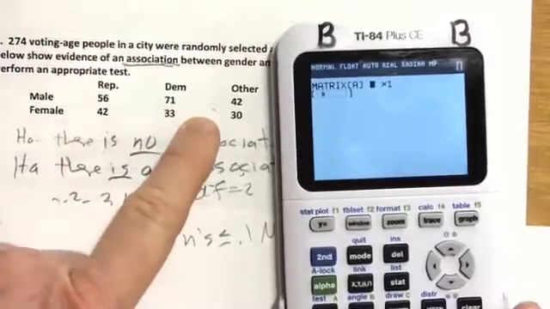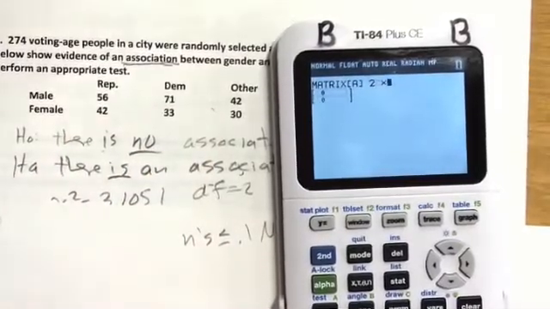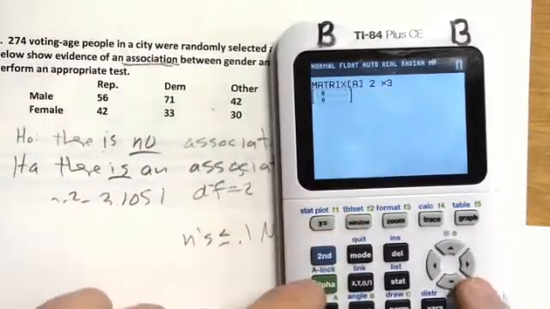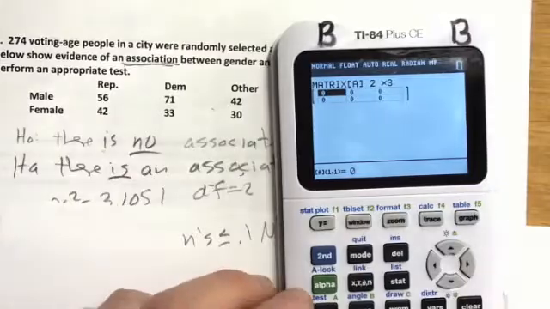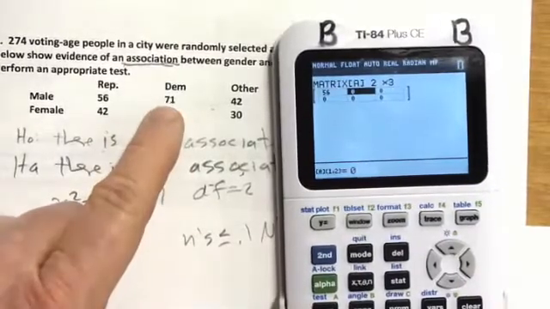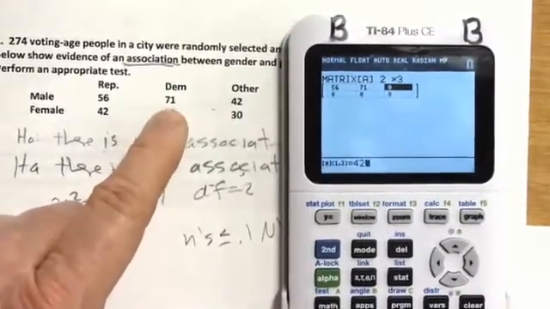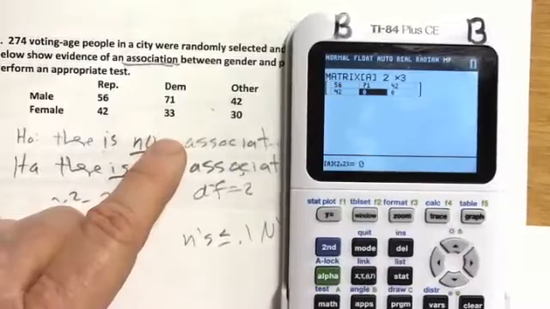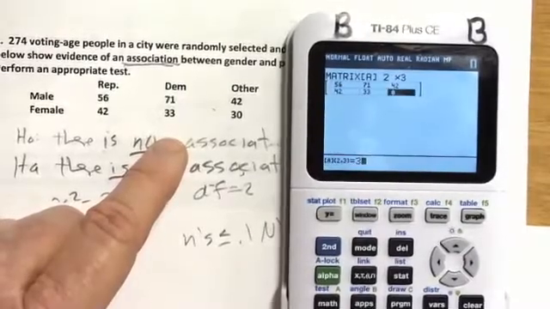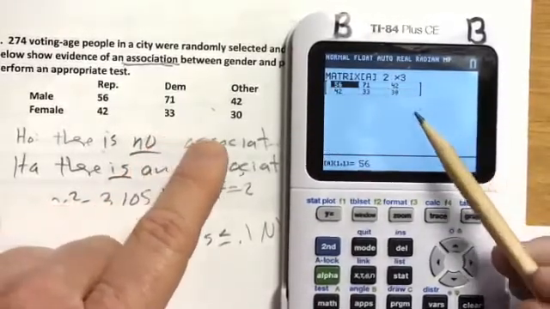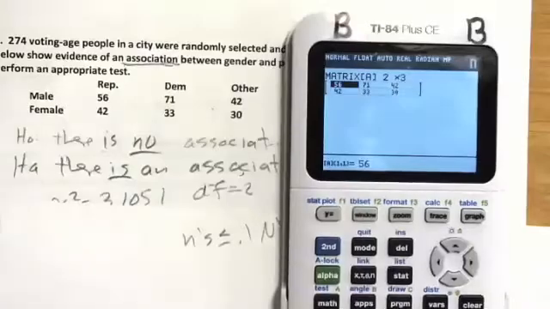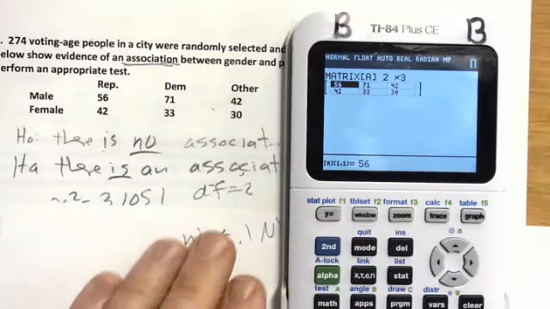This has 2 rows and 3 columns, so I go 2, enter 3. So that's 2 by 3, and hit enter. And then I just enter those numbers: 56, 71, 42, 42, 33, and 30. Let me make sure I entered those right. I believe I did. And so all we've got to do to get our mechanics now is to do our chi-square test.